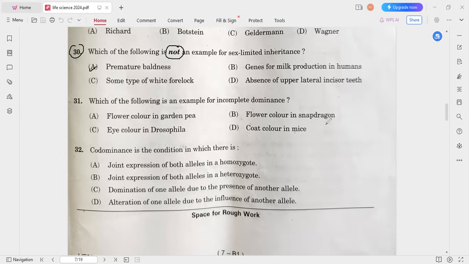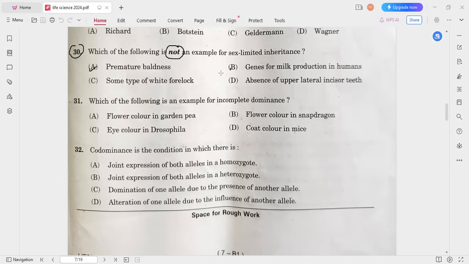This is also sex limited inheritance; it is a rare autosomal dominant trait. The last one is absence of upper lateral incisor teeth, which is called hypodontia, a result of a single dominant gene.